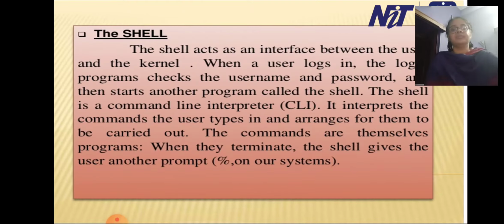So, let us learn about the shell. The shell interacts with the kernel. A shell provides you with an interface to the Unix operating system. It gathers input from you and executes programs based on that input. When a program finishes executing, it displays that program's output.